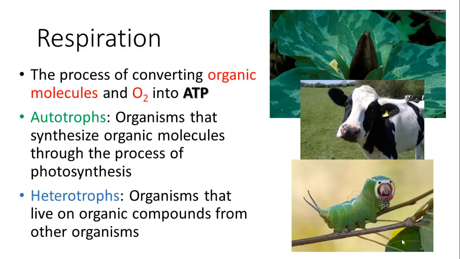And all organisms that aren't autotrophs are heterotrophs, where they have to eat other organisms and break down the potential energy in the structures built by autotrophs for their metabolic processes.